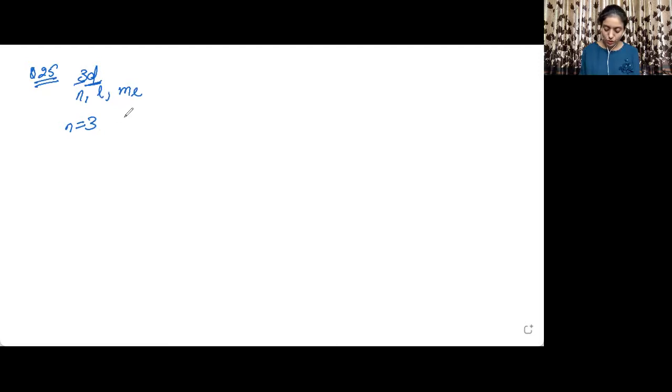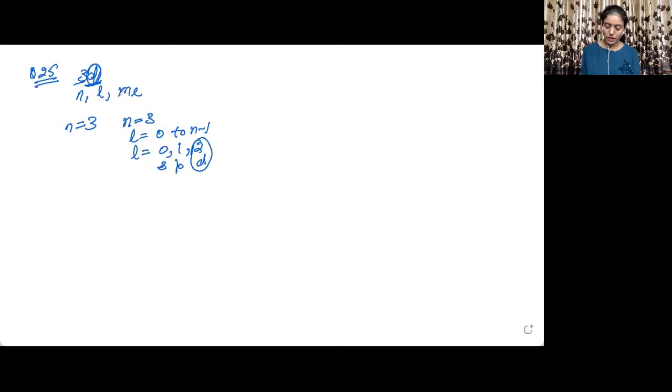When n is equal to 3, l can be 0 to n minus 1. So l will be equal to 0, 1 and 2. Now we are only talking about the d orbital, so we will consider only l equal to 2.